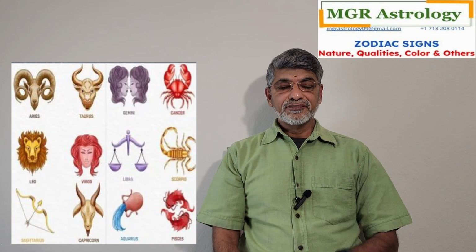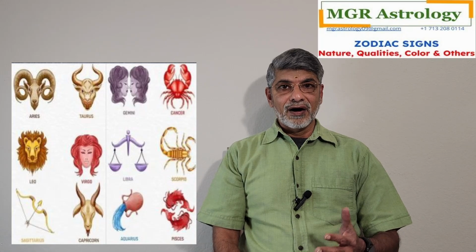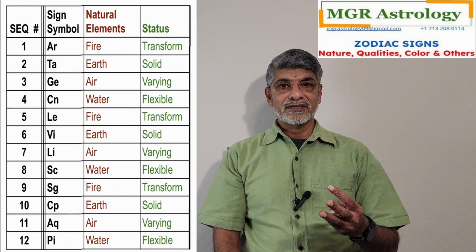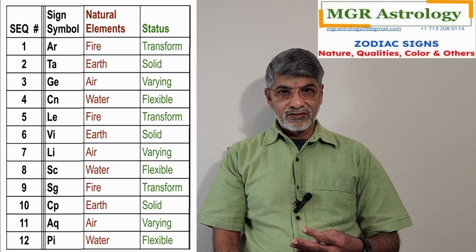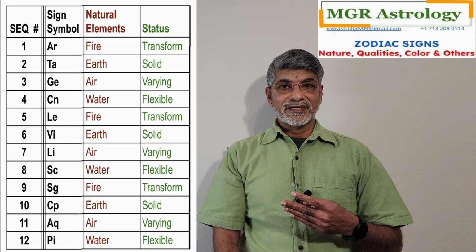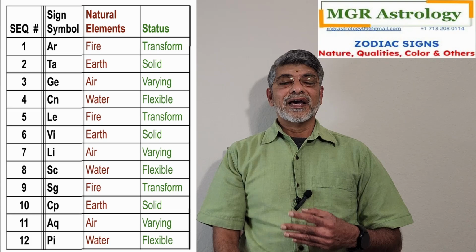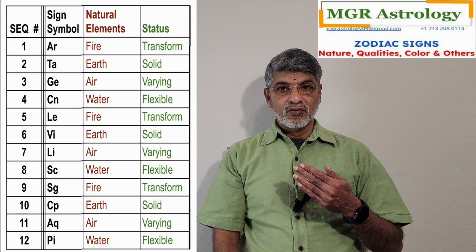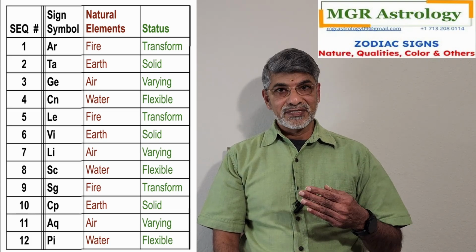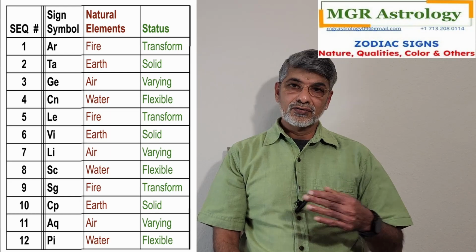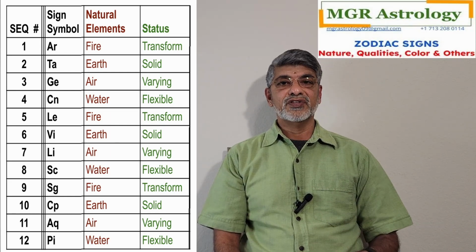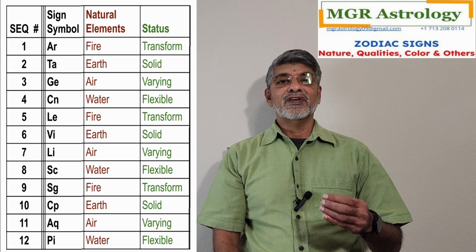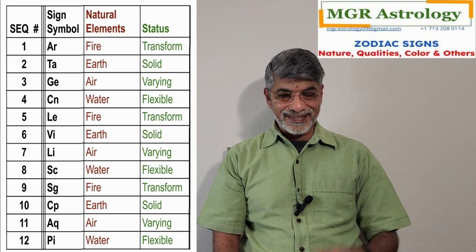Starting from Aries, Aries is allocated fire, Taurus is allocated earth, Gemini is allocated air, Cancer is allocated water, and then it repeats again starting from Leo, completing 12 rasis. So each element will have three rasis allocated.